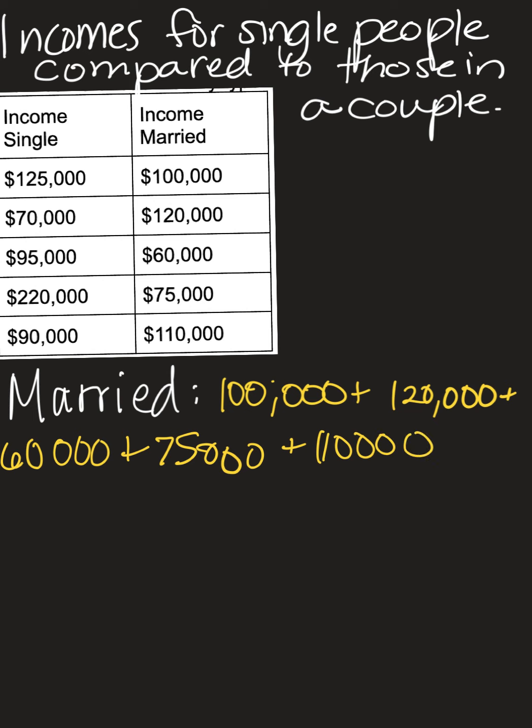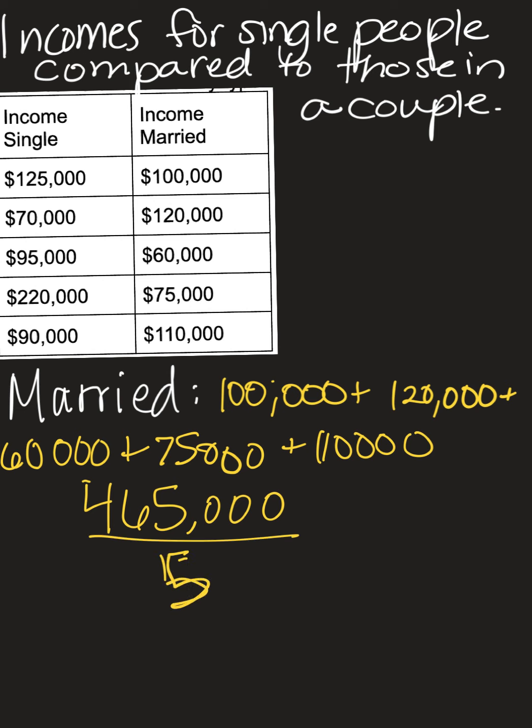And what I get from that is... now to calculate the mean of this, I am going to finish this up by dividing by 5, which gives me approximately 93,000.